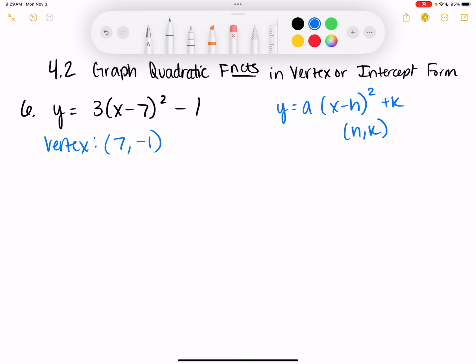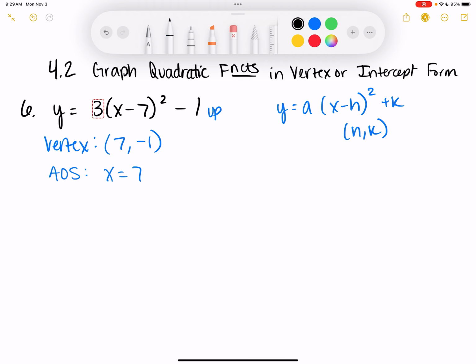So then my axis of symmetry, instead of having to do the minus b over 2a thing, is just at x equals 7. Now, which way does this graph open? Up, because the 3's positive.